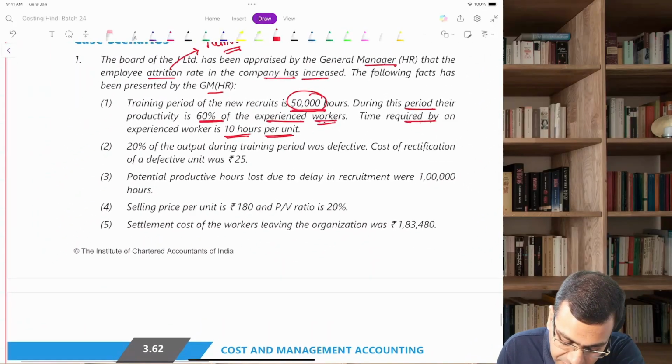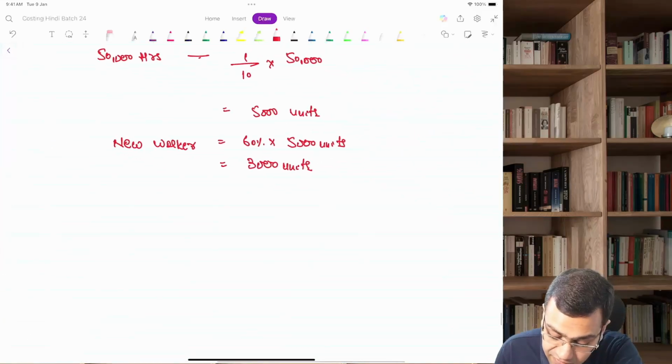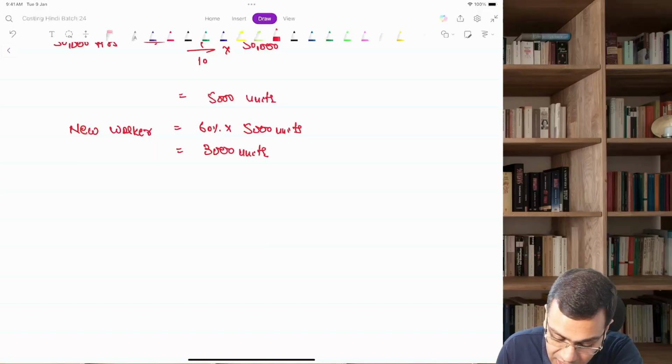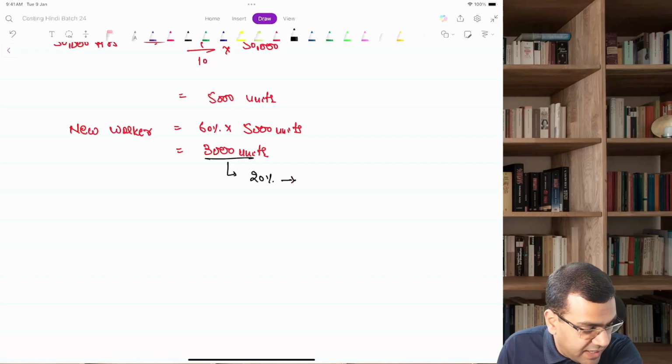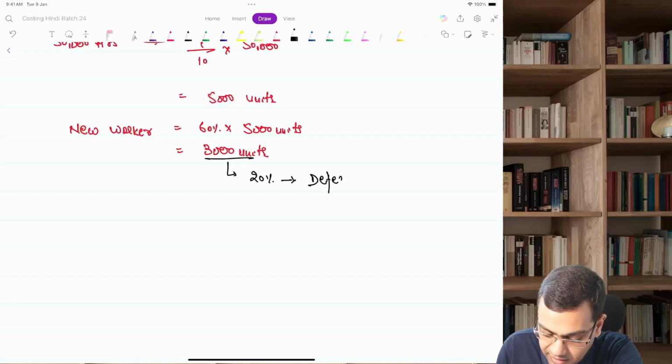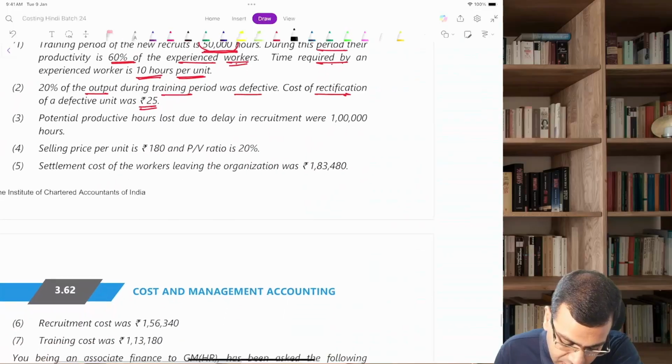Next, they say 20% of the output during the training period was defective. The cost of rectification of the defective unit is 25 rupees. Now, out of this 3,000 units, 20% of it got defective, right? And you have to incur a rectification cost, right? Okay, sir, fine, we'll see.